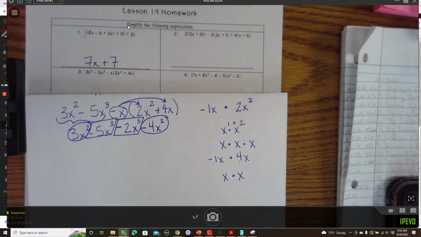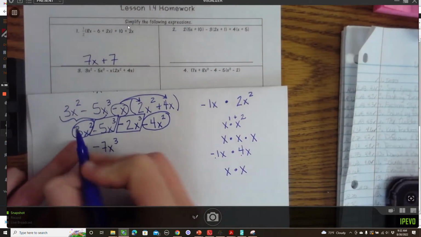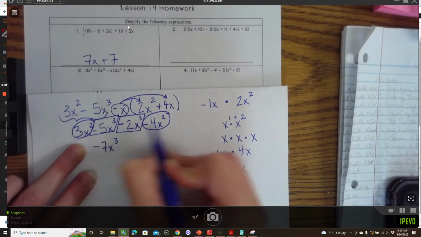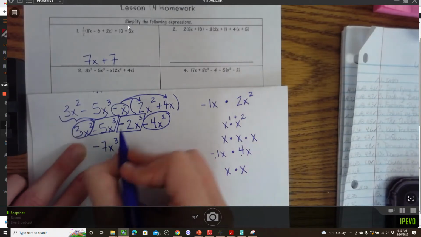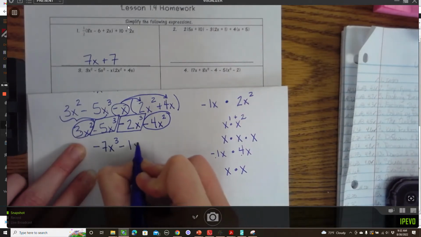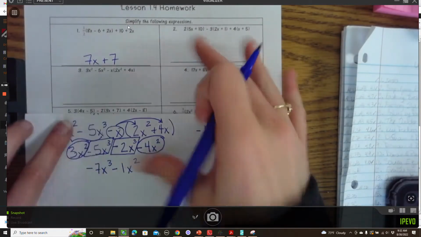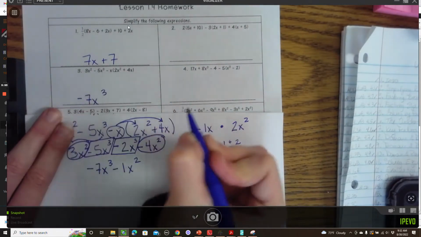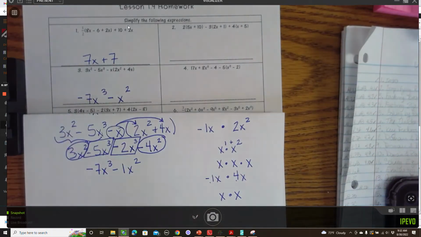Okay. So that's a negative 7x cubed. And then 3x squared and negative 4x squared. 3 plus a negative 4. Negative 1. And then we just tack this on. Do we write that 1 there, though? No. So negative 7x cubed minus x squared.